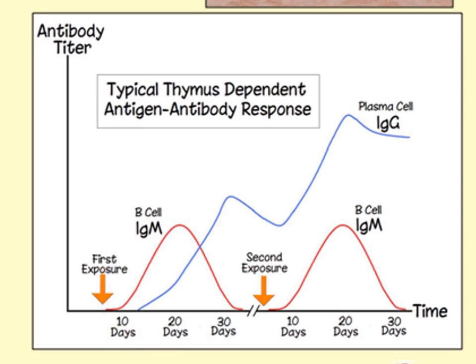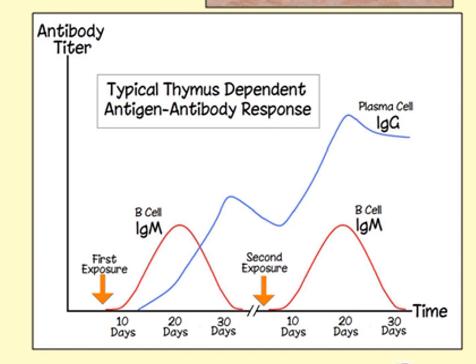As you can see in this diagram, the red lines, the red curves, pertain to the B cells' production of the IgM. Starts maybe on about day 5 to 10, hikes up thereafter, peaks at about 20 days after exposure, and drops down at about 30 days after the exposure. However, look at the blue line that pertains to the formation of IgG isotype against the very same antigen.